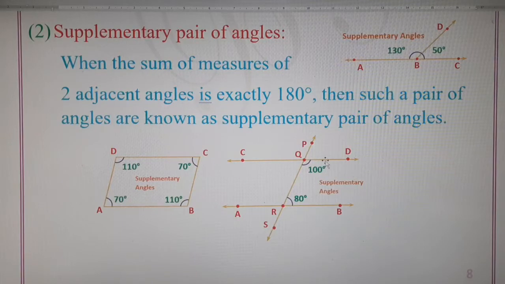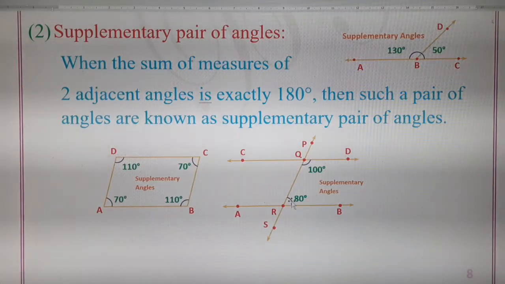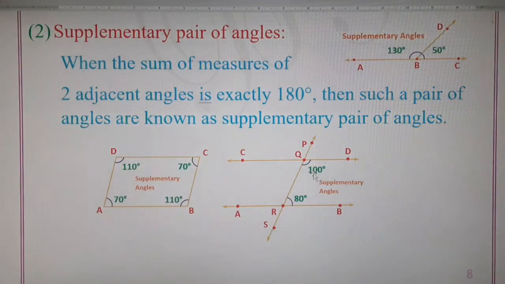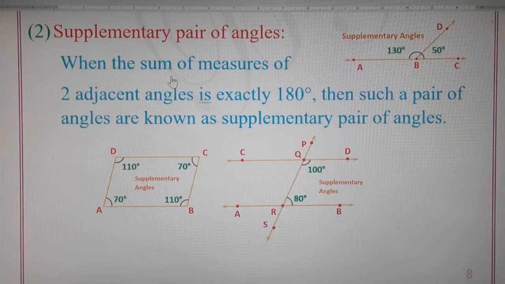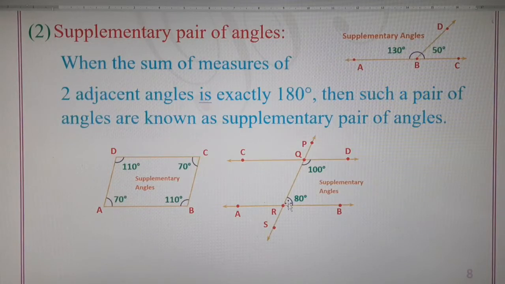Or we can remember these two angles as co-interior angles, and we'll be learning about co-interior angles in the next topic. So here, co-interior angles are also supplementary pair of angles. That, children, we have to remember.